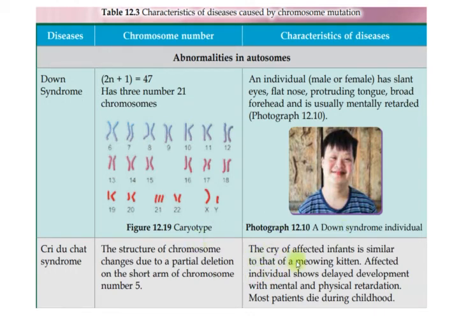The cry of affected infants is similar to that of a meowing kitten. Affected individuals show delayed development with mental and physical retardation. Most patients die during childhood. So what happened to the Cri-du-Chat syndrome individual?